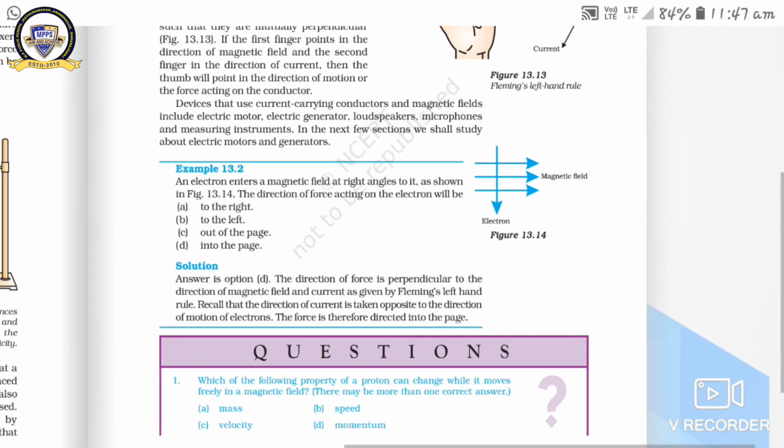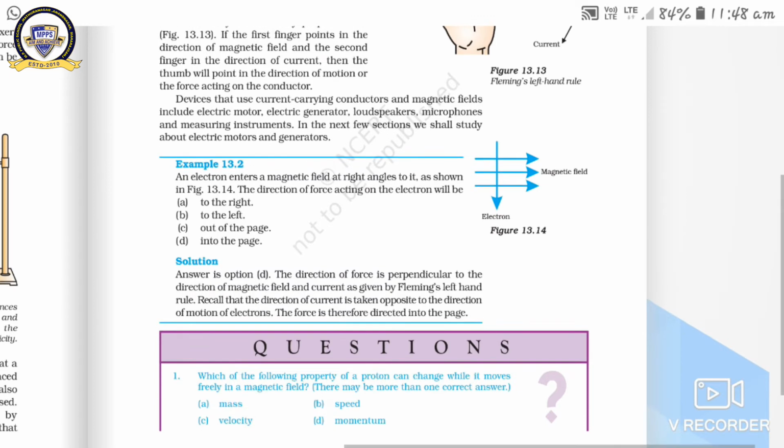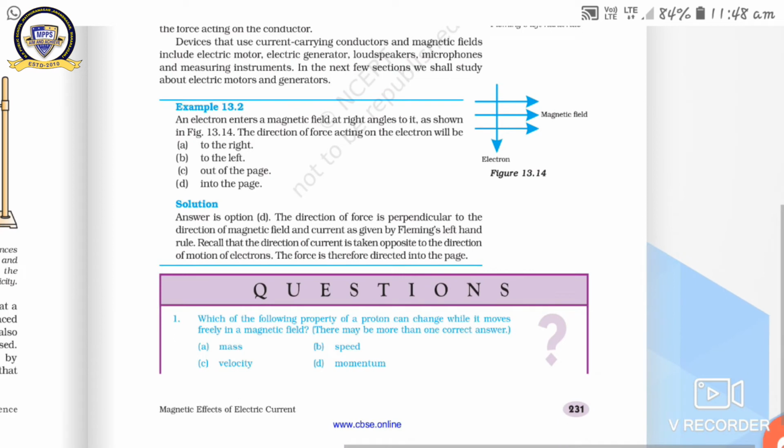You have to decide the direction of force acting on the electron. You can decide it with the help of Fleming's left hand rule. So the force is directed into the base. With the help of the left hand rule, you can easily observe that the force acting on the electron will be directed into the base. Got it?